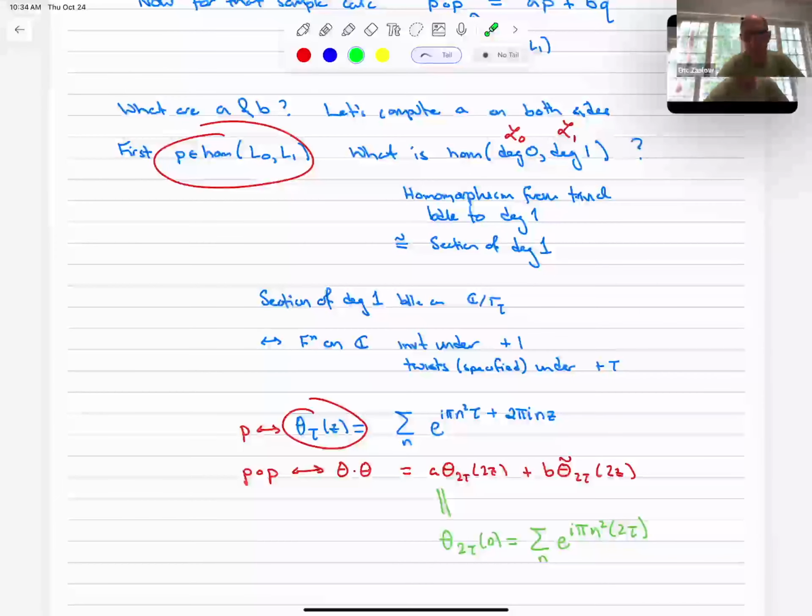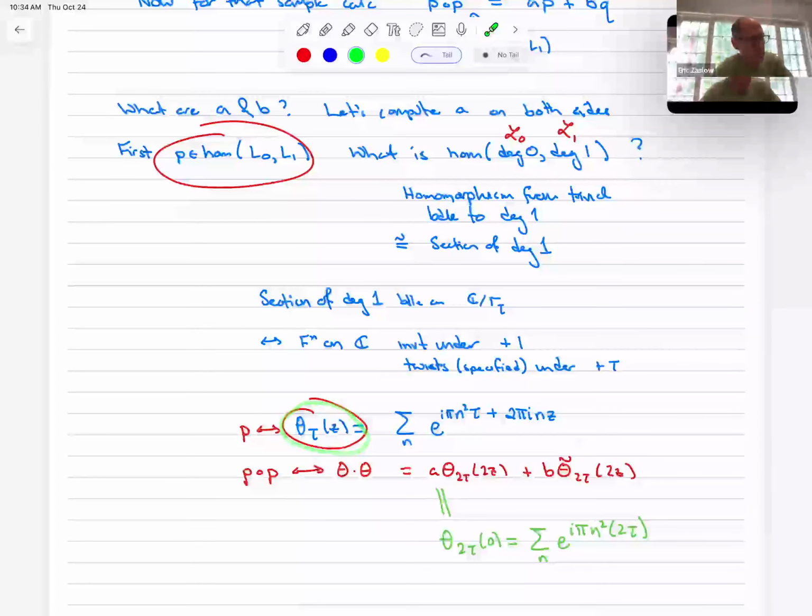Okay, so I've set up the calculation. That's what I plan to do next. Algebraically, these holomorphic sections of these line bundles are described by this theta function, which enjoys this identity, which I'm just sort of importing for you, that when you square it, it can be written as a linear combination of itself with tau goes to 2 tau.